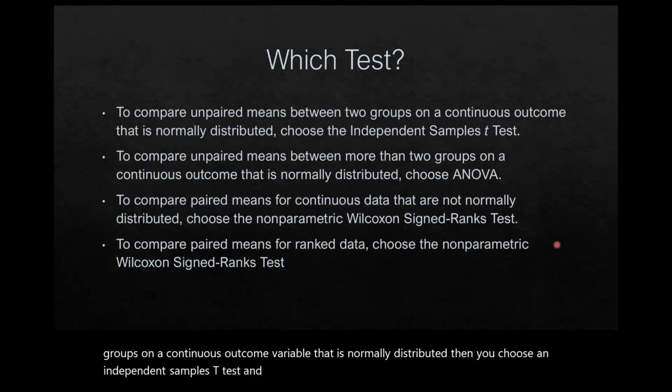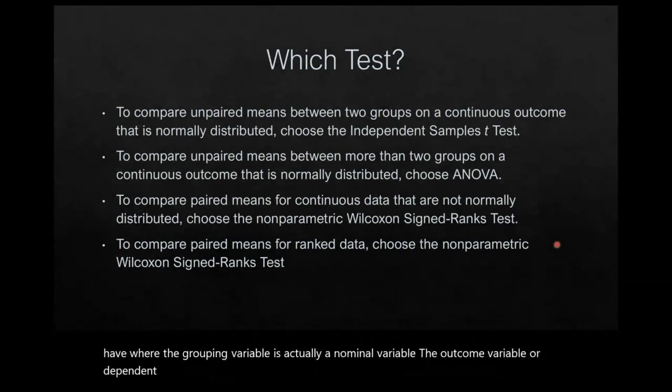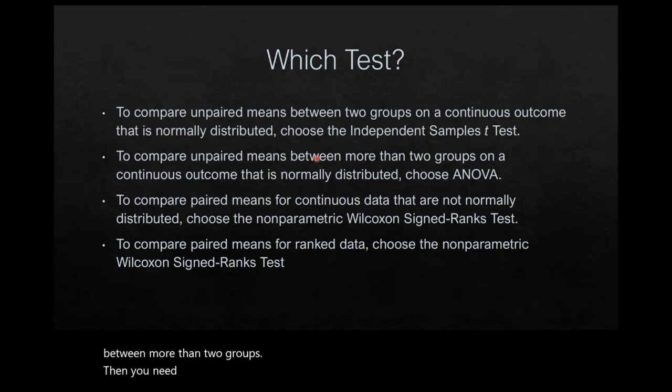And because you're comparing groups, the grouping variable is a nominal variable, but the outcome variable or dependent variable is a continuous variable. If you are comparing unpaired means between more than two groups, then you need a one-way ANOVA, and I have done a video on the one-way ANOVA.